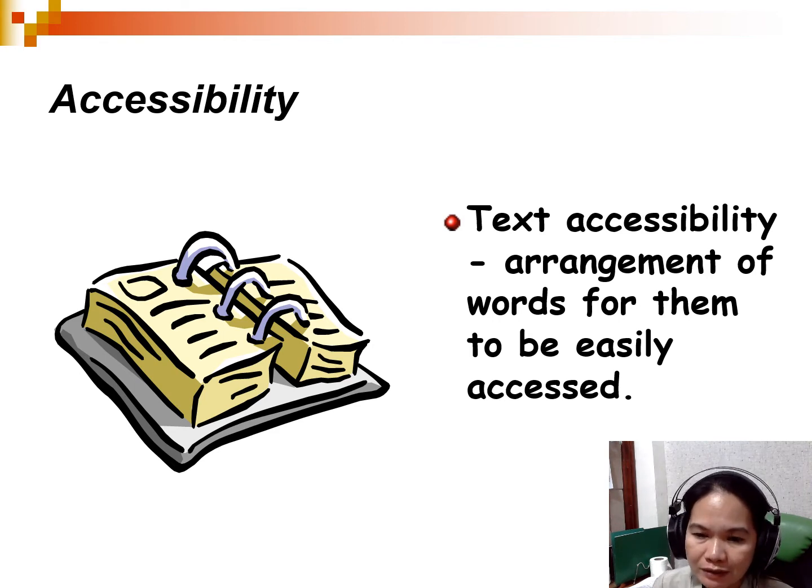Okay, then you gather various information from different sources. So when we say text accessibility, it's the arrangement of words for them to be easily accessed. Okay? The arrangement of words, is it easily understood? Okay? Is it easily accessed when you need the information?